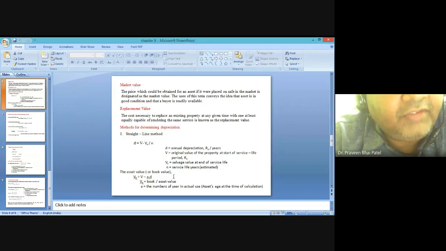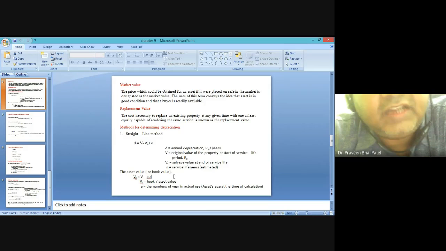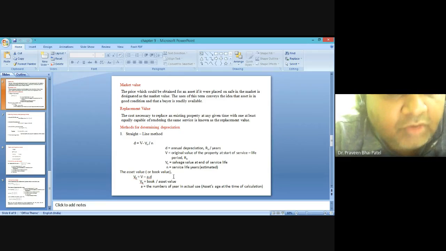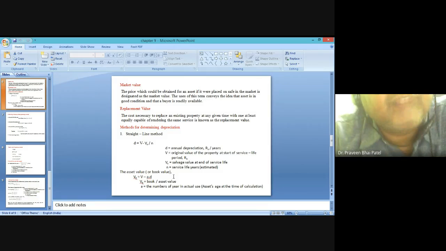So from here we are going to get the asset value. VA will be the original value minus 6 times whatever the depreciation is. We have assumed what the depreciation was, we will deduct that and get the asset value at that time. That means after 6 years, after 5 years.